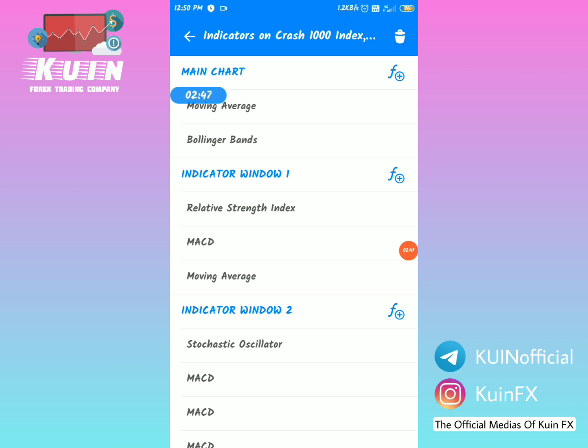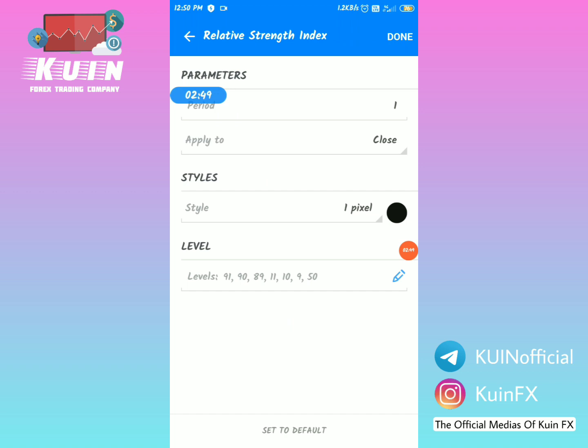First one, relative strength index. Period is 1, apply to close, style 1 pixel, color your background color. If your background color is black, it should be black. If your background color is white, it should be white.